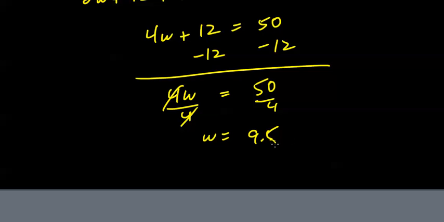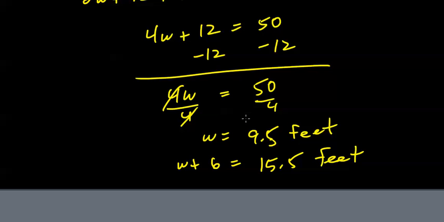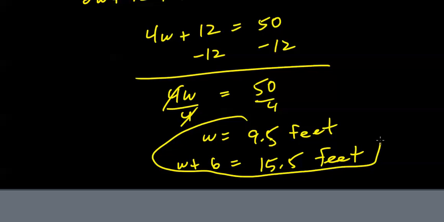Here it might be prudent to use a calculator. So if the width of this rectangular kennel is 9.5 feet, remember we've also got to find the other dimension, namely the length. If I add 6 to 9.5, of course I get 15.5 feet. So there's a nice boxed simplified answer to this example.